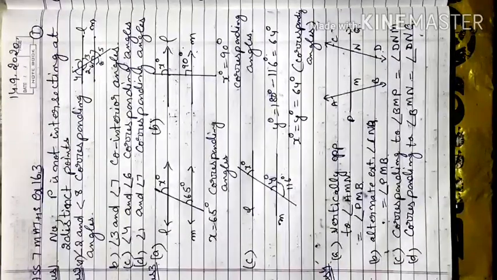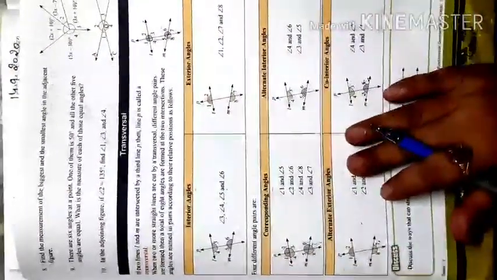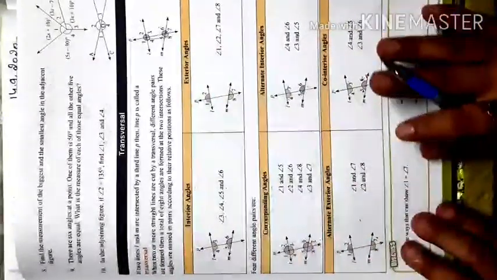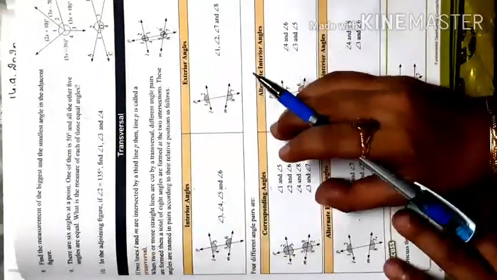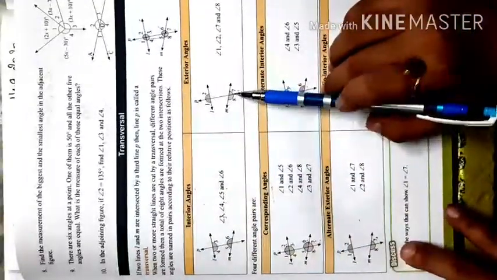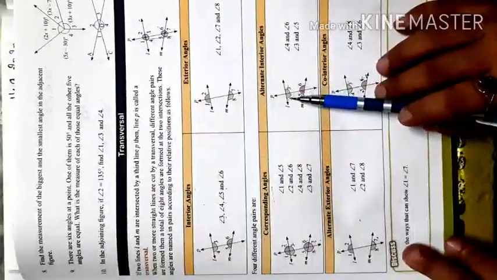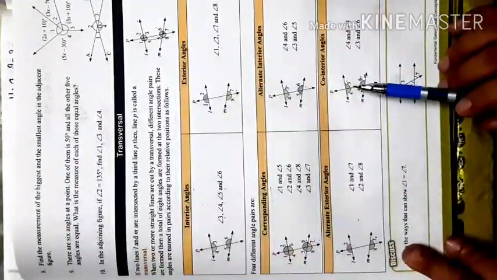I will show you once in this figure. These are non-parallel lines, so no angle is equal to another. You just have to write down the names of the angles: interior angles 3, 4, 5, 6; exterior angles 1, 2, 8, 7; corresponding angles 1 and 5, 4 and 8, 2 and 6, and 3 and 7; alternate interior angles 4 and 6, 3 and 5; alternate exterior angles 2 and 8, 1 and 7; and co-interior angles 3 and 6, and 4 and 5.